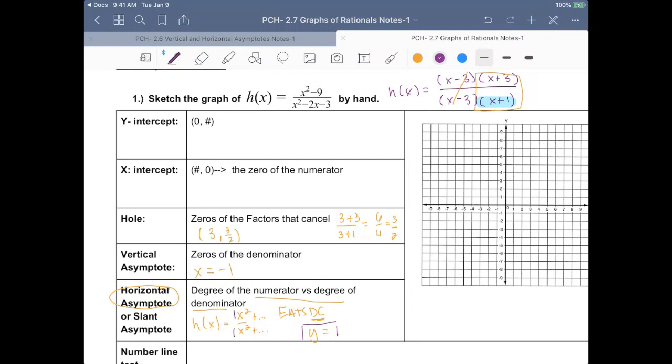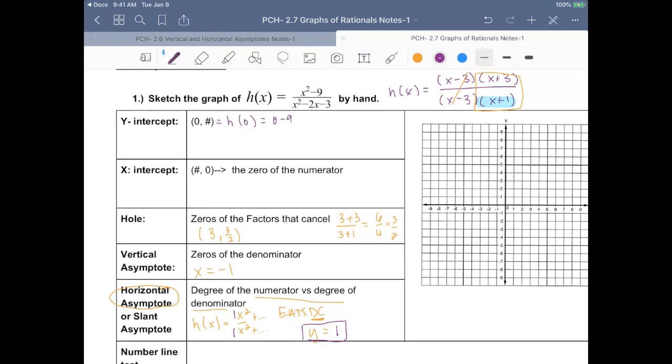Okay. Next, to find the y-intercept, we simply plug in 0 for x. So we get h of 0 is equal to, and I can plug it in anywhere, but I'm just going to plug it into the original.